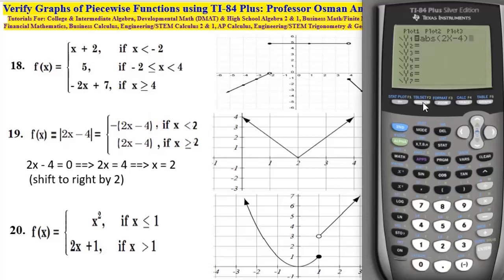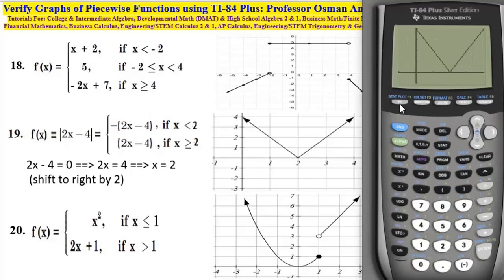We're going to adjust it, x values from minus 1 to 4, and the y values from minus 1 again to 4. Then just graph, and here is the graph. Okay, it's shifted to the right by 2.